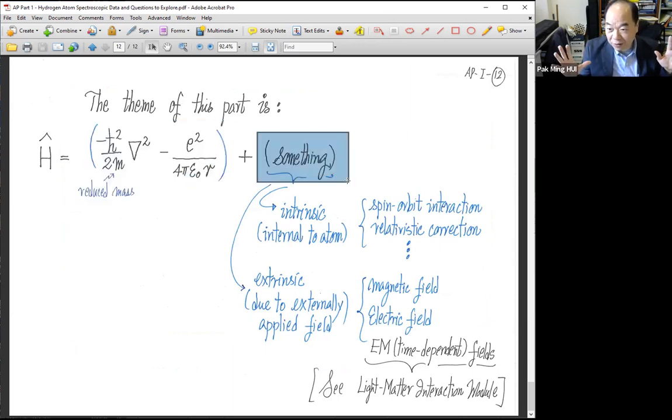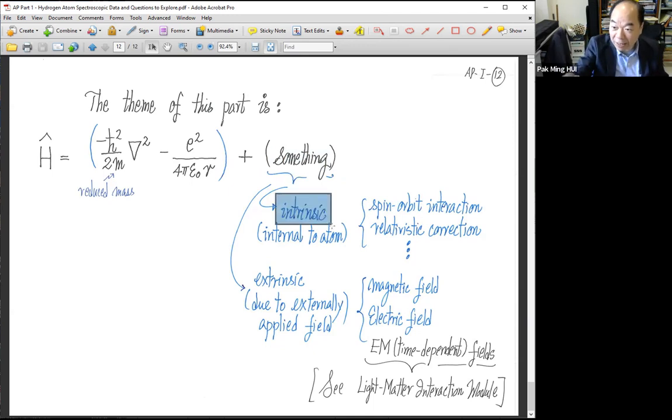So it's perfect for a perturbation approach, variational calculation, etc. So what could this be? There are effects that are intrinsic to the atom, meaning you don't need to buy a magnet. The electric field is not external, it's internal. You cannot avoid them, okay?